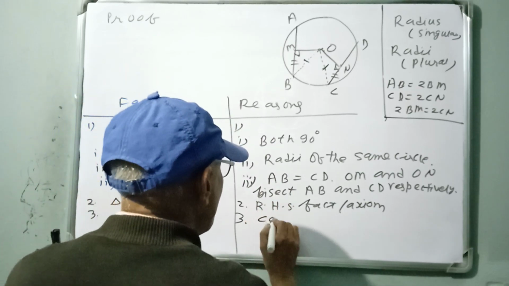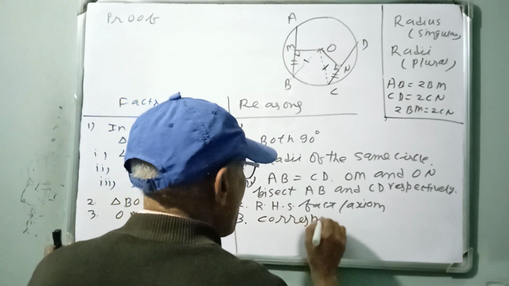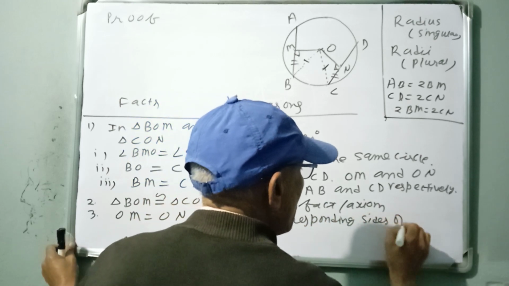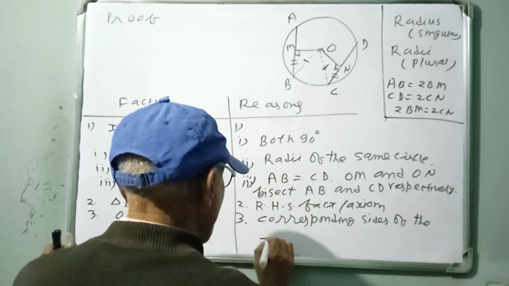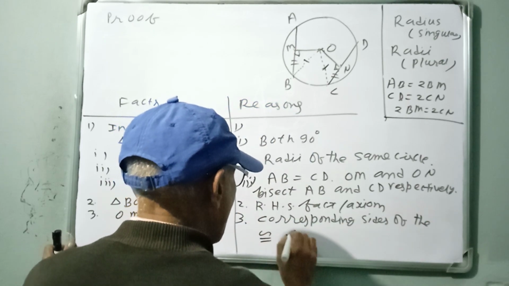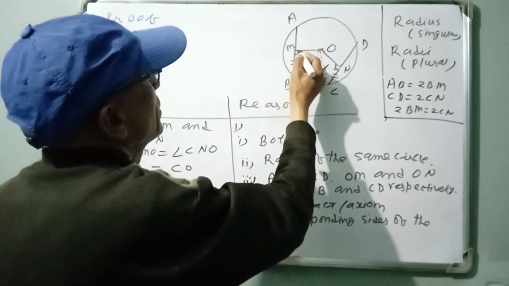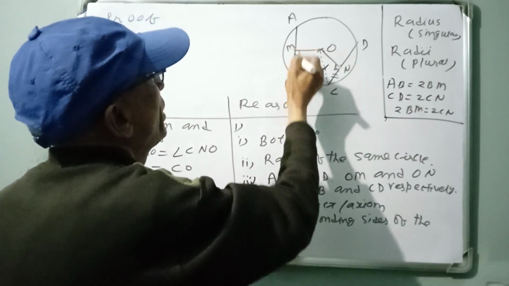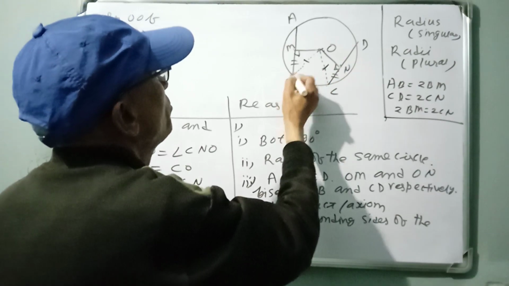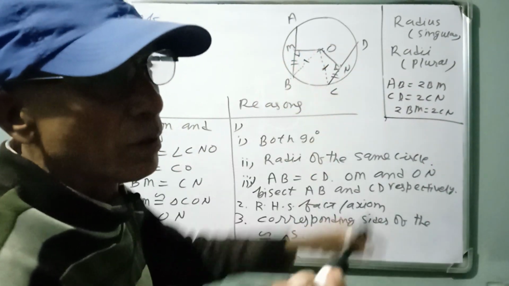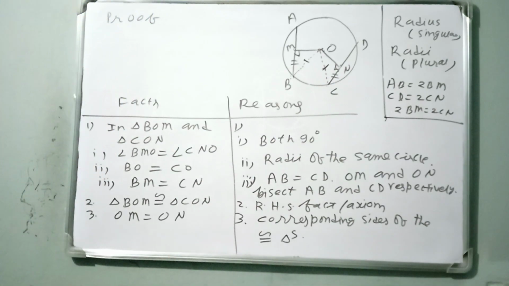Being corresponding sides of the congruent triangles. See how they are equal: BM equals CN, BO equals CO. Then what side is left? OM equals ON, being corresponding sides of the congruent triangles.